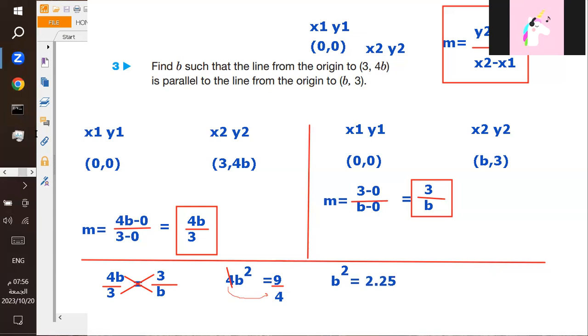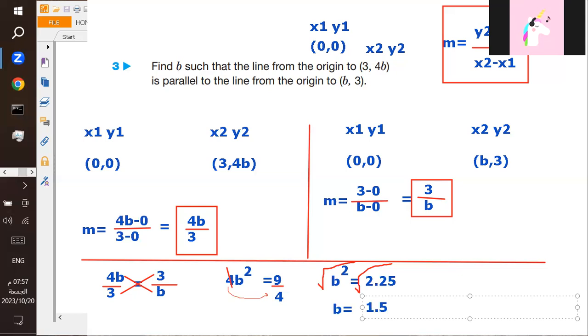Now, after finding b squared, I need b, so I have to square root both sides. This side gives me b. Equals the square root of 2.25, which is 1.5.